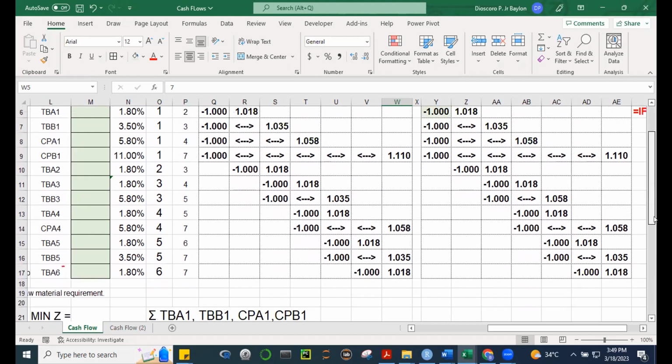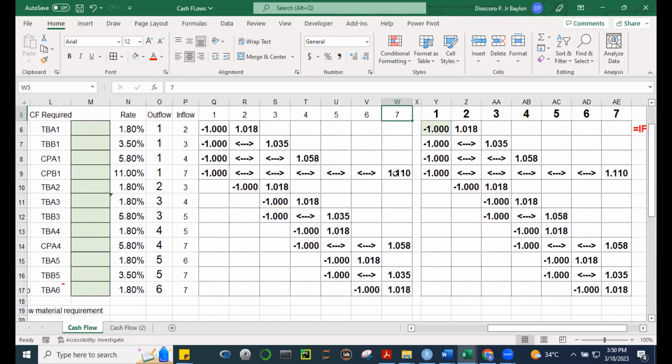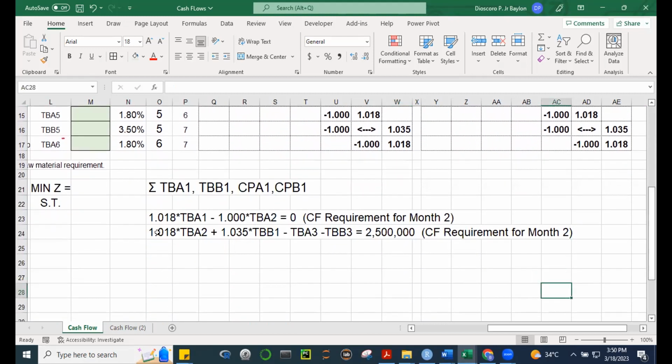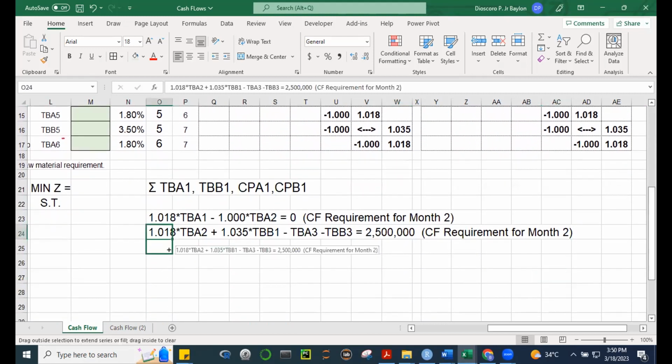So the equation will be 1.11 times CPB1 plus 1.058 times CPA4 plus 1.035 times TBB5 plus 1.018 times TBA6 is equal to 0. Please help me now with the equation.